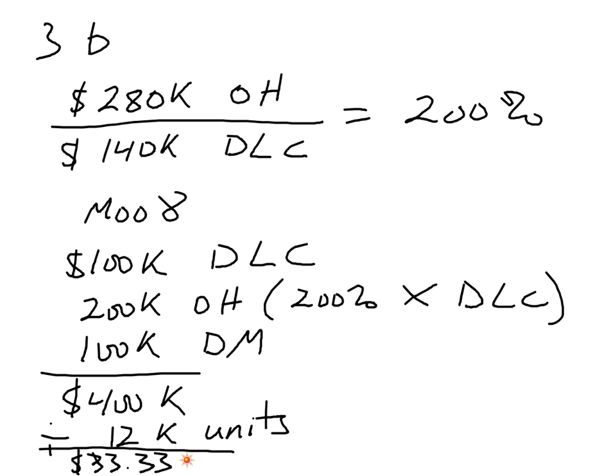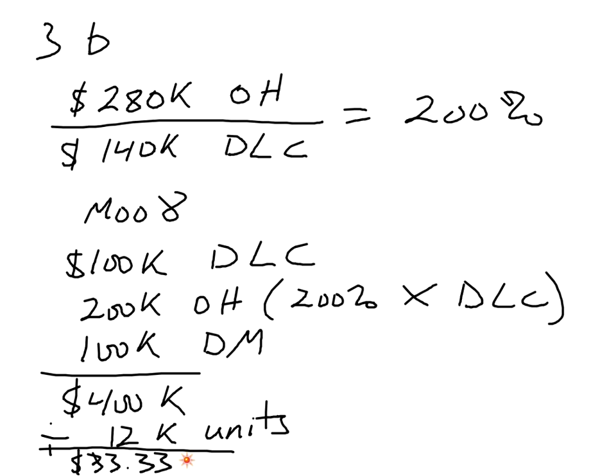All right, so you can see that there's a huge difference depending on what allocation method you use. If you're allocating by cost driver, remember our total overhead for M008 was 140, and then our total overhead using the direct labor cost method is 200,000 for that product line.